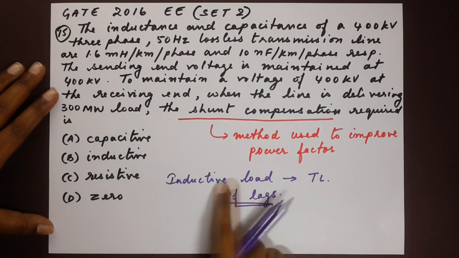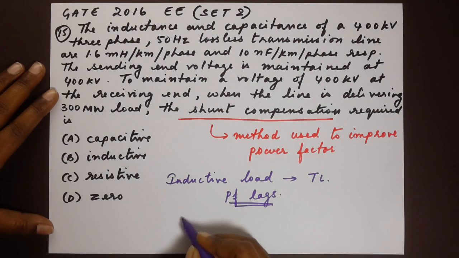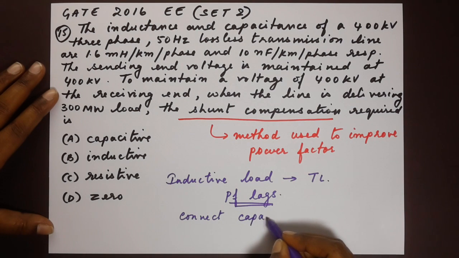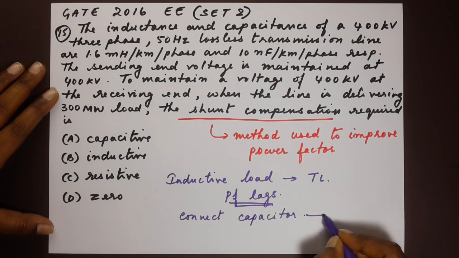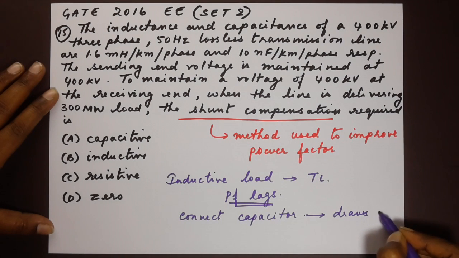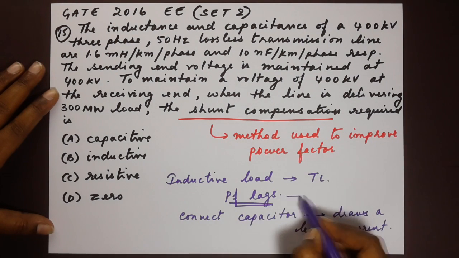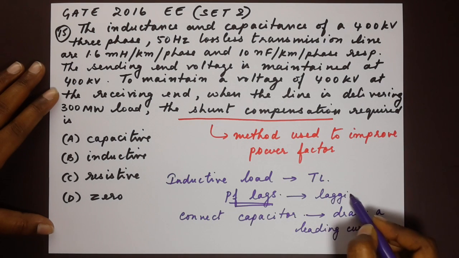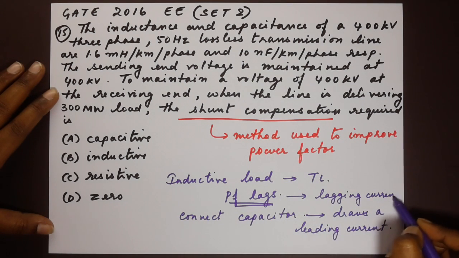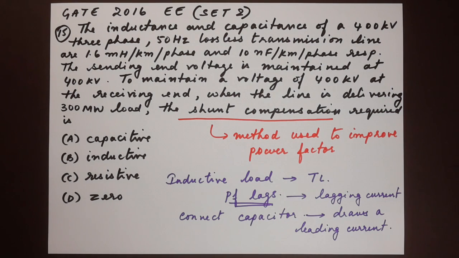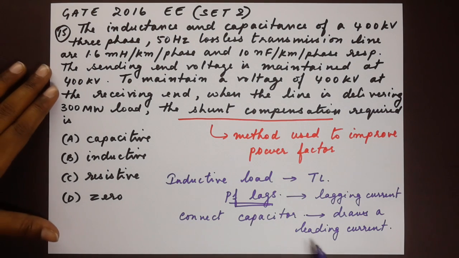And in order to compensate this lagging power factor, we connect a capacitor. So, this draws a leading current. And if we connect a capacitor, it draws a leading current. So, this compensates the entire system and hence improves the power factor.